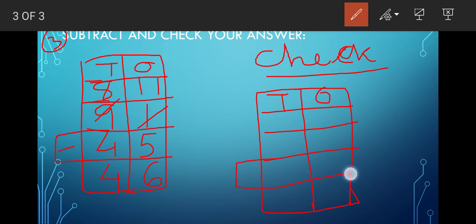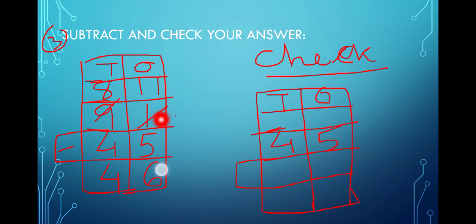So now when you check, what do you do, subtraction or addition? You do addition. Okay, so how you are going to do the addition? First you will write the smaller number. What is the smaller number here? 45 is the smaller number, isn't it? 91 is the bigger number, and 45 is the smaller number I said, and the answer is the difference.